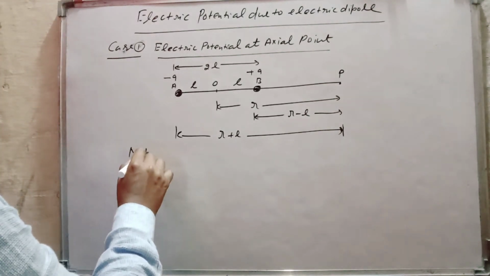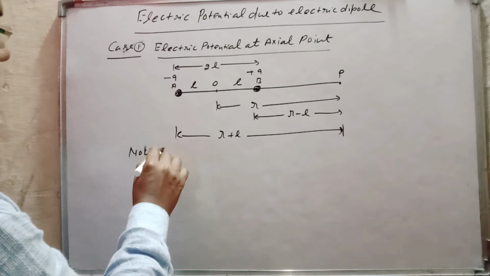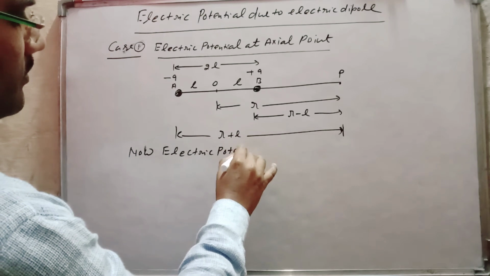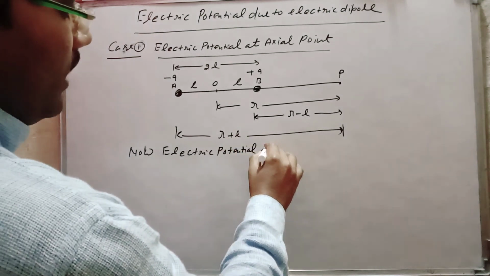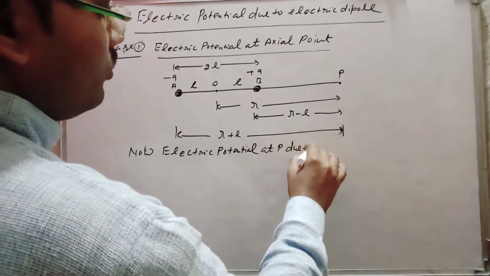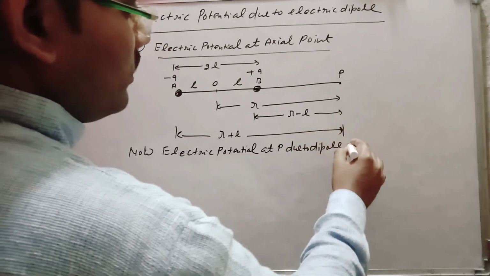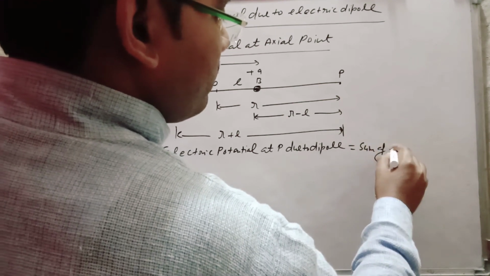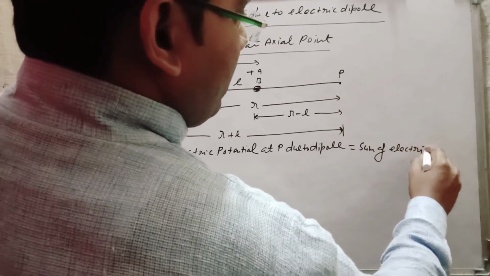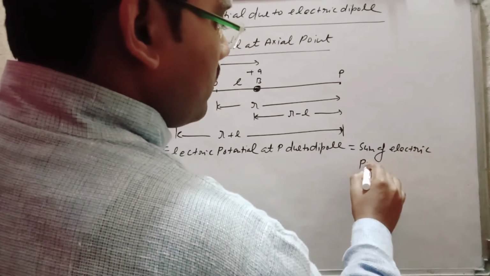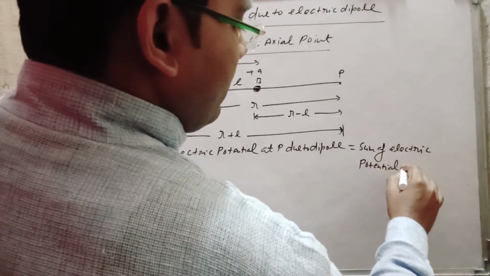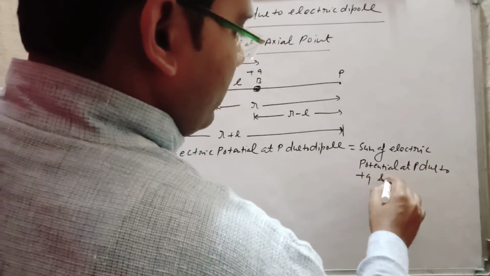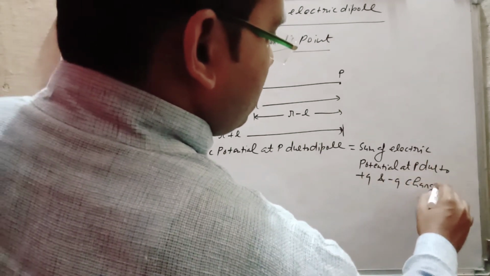Now the electric potential at P due to the dipole is equal to the sum of the electric potential at P due to plus Q and minus Q charge.